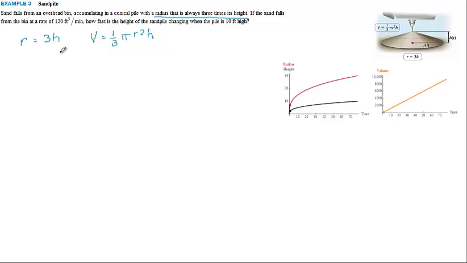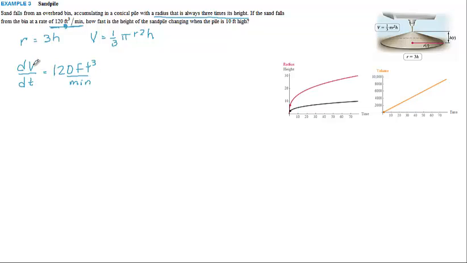The sand is falling at this rate, so this is some sort of derivative. I noticed the feet cubed, which is a volume, so the dV over dt is falling at a rate of 120 feet cubed per minute.